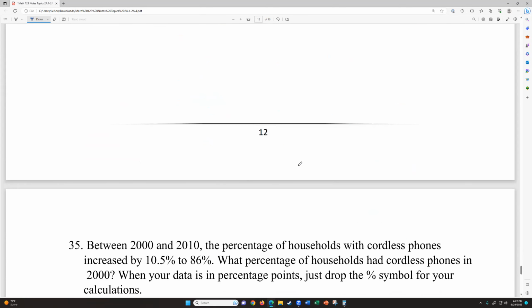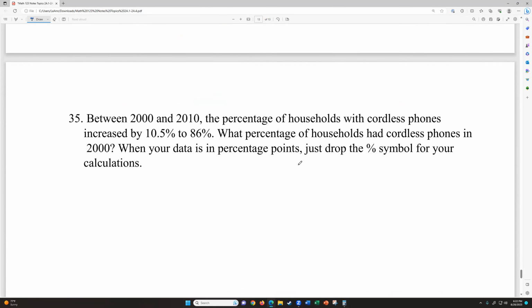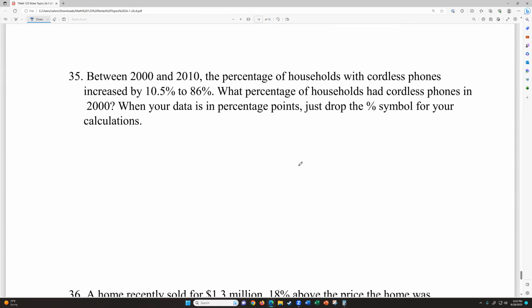All right. So we just have this last page. Between 2000 and 2010, the percentage of households with cordless phones increased by 10.5%. So this phrasing here, increased by this percentage, that is the markup, okay, or the percent increase. But the data value is actually a percentage as well, because notice they're measuring percentages of homes that have a cordless phone.